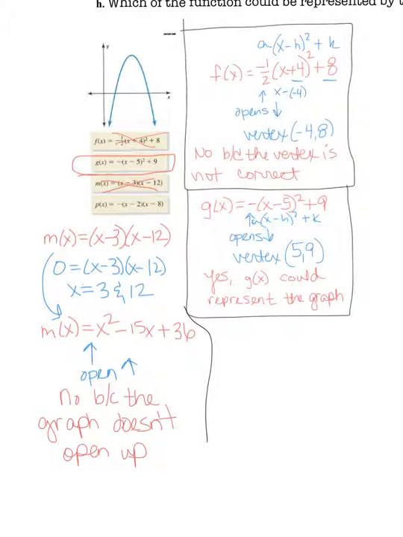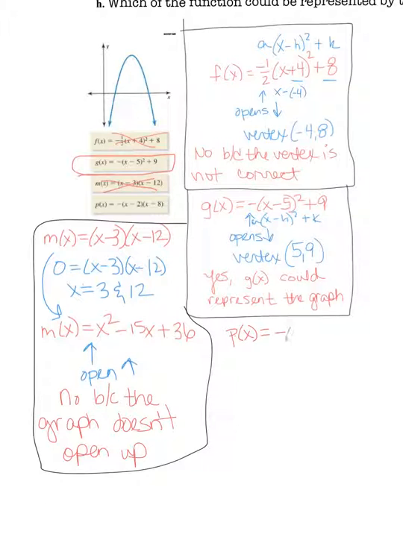Let's see if p of x could be a representation of this graph. So we have p of x equals negative x minus 2 in parentheses times x minus 8.